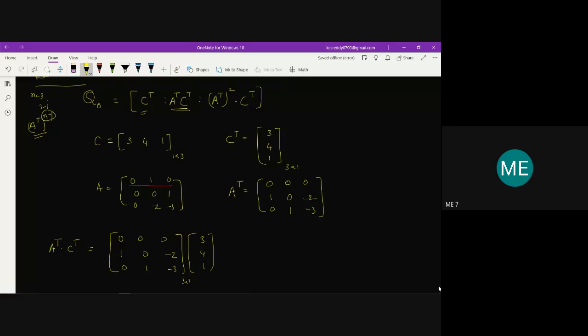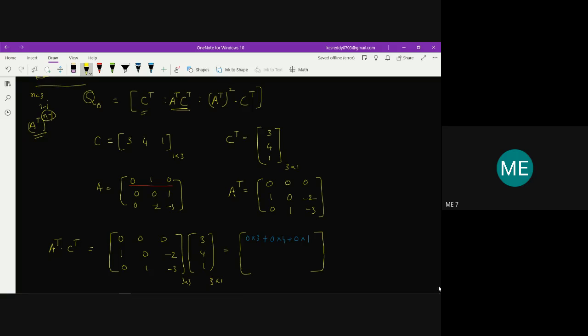So it is 3 by 3 and this is 3 by 1, so the resultant will be a 3 by 1 matrix. Now calculate: 0 into 3 plus 0 into 4 plus 0 into 1, that is the first element in the matrix A transpose into C transpose.